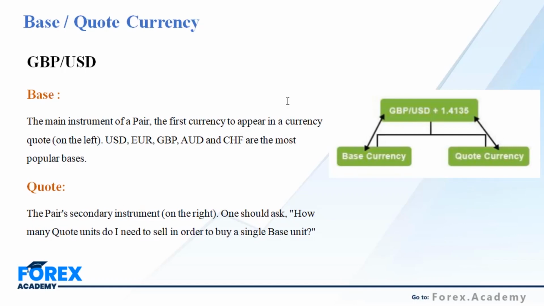As you can see, the base currency is the main instrument of the pair, the first currency to appear in the currency code on the left side. The USD, Euro, GBP, AUD, CHF are the most popular bases. For example, if you see here in the example, the base currency is the GBP. GBP is coming on the left side, it is the first currency in the pair, so it is the base currency.